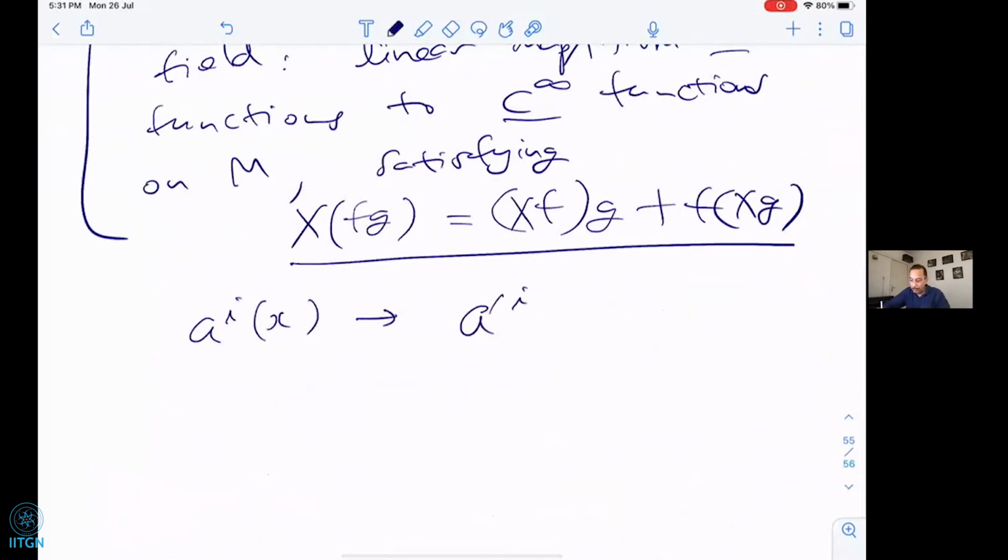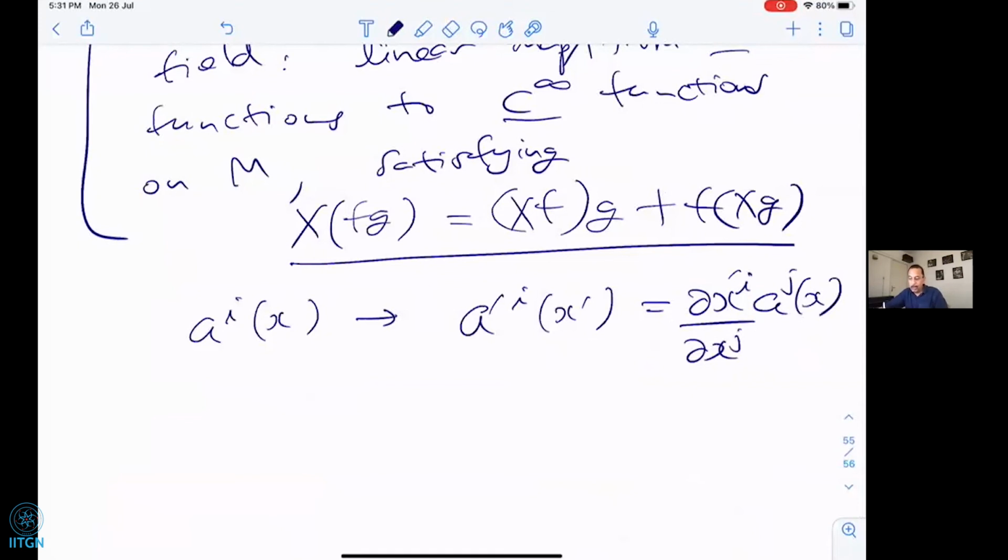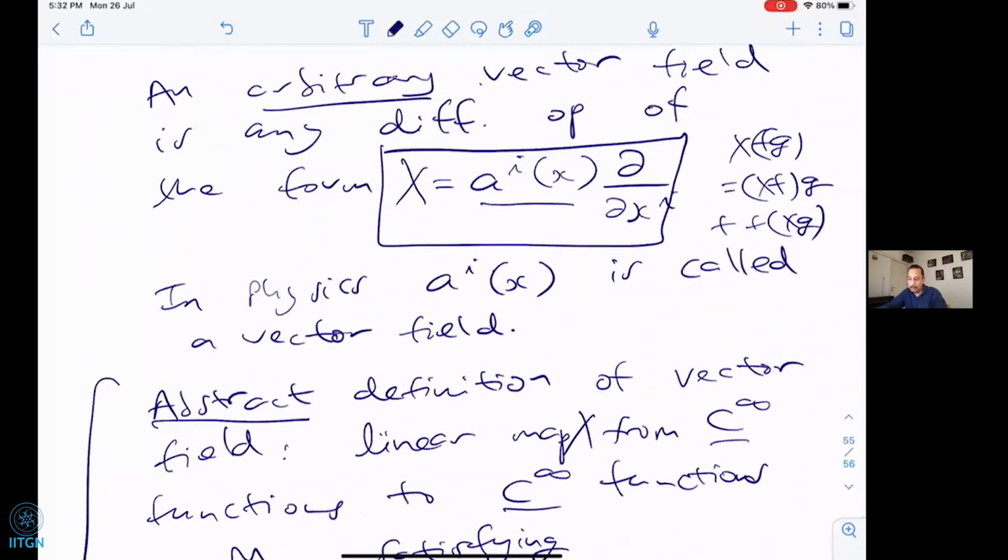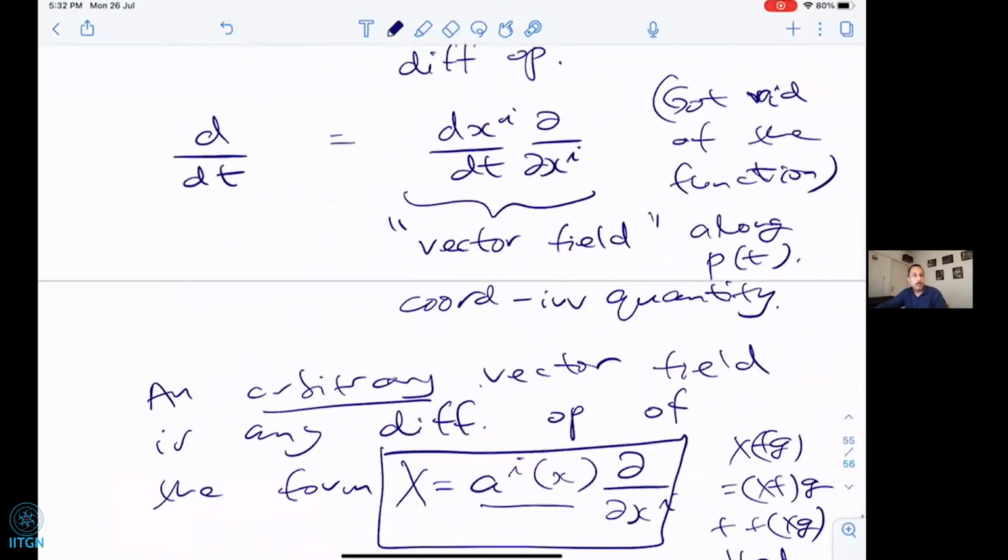So a'^i of x' is equal to, the other way around, del x'^i by del x^j times a^j of x. If x' is y and a' is given some other name, then this is the transformation law for the components of a vector field, which transform exactly like velocities.